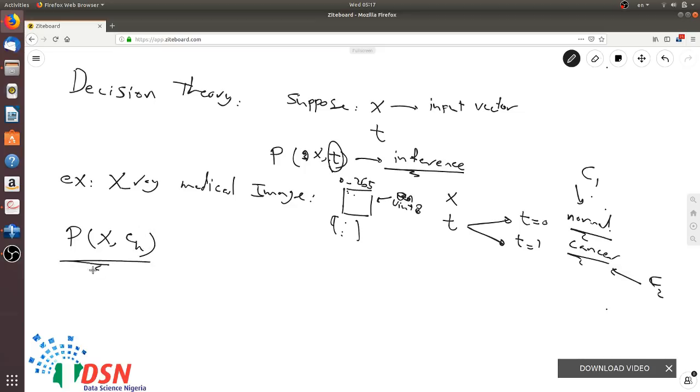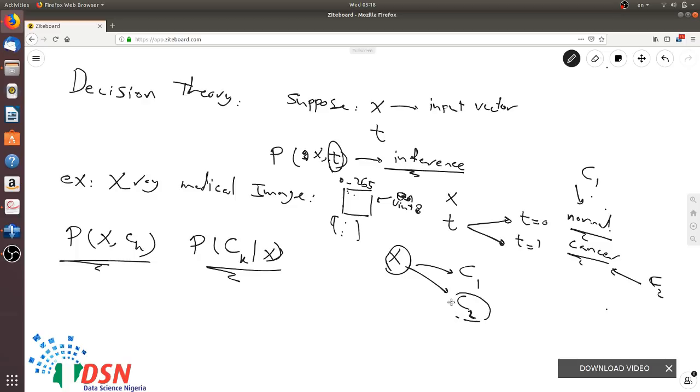but what is important is p of Ck given x. What does it mean? It is important to us whether somebody has cancer or not. In other words, if we have a medical image x, we want to know the probability that somebody is normal or has cancer.